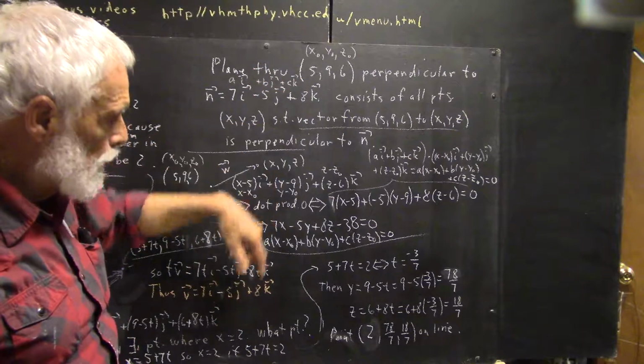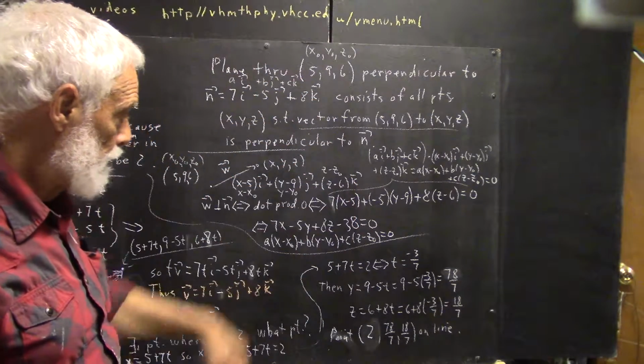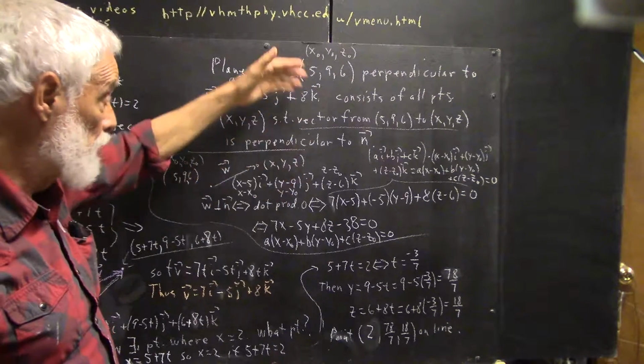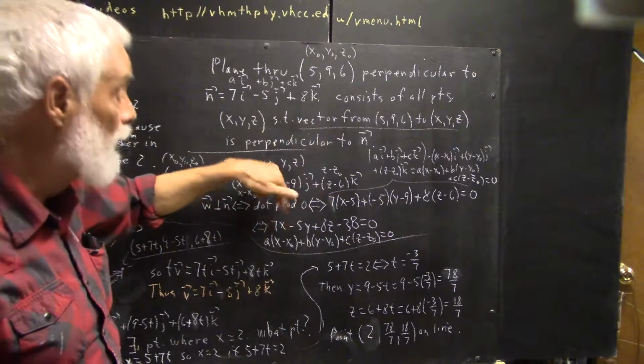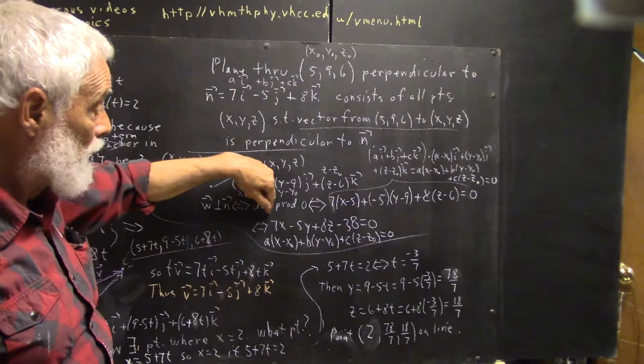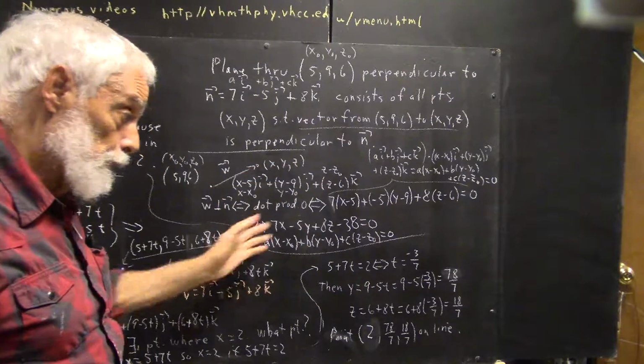Now when we distribute through this thing, we'll have ax plus by plus cz instead of the specific calculation 7x minus 5y plus 8z, which tells us that our normal vector is 7i minus 5j plus 8k. We can just read that off.